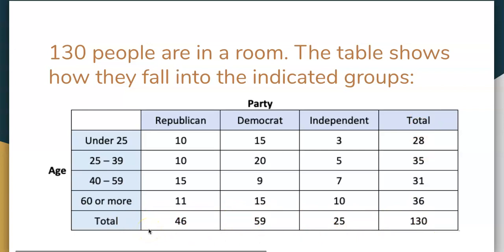These are just going to be the sum. The 28 is from adding 10 plus 15 plus 3, so it looks like out of 130 people in the room, 28 of them were under 25, and 59 of them are Democrats. So we know how to read the information on this table.